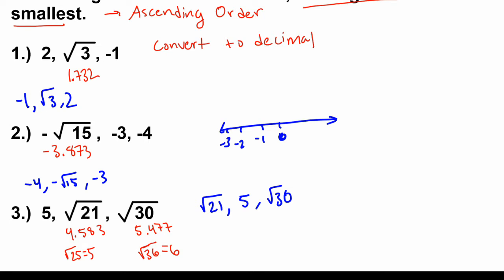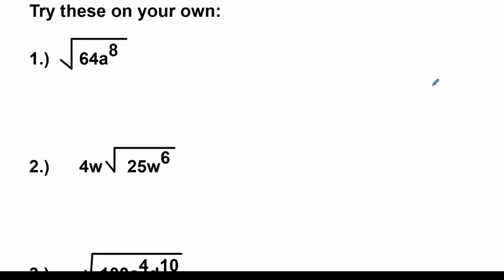So yesterday we talked about simplifying radicals, and this is something that takes time, it takes practice. I want you to do some of these on your own, but I do want to recap some things that we talked about. So, remember, when I write some symbol like this, we call this the radical.